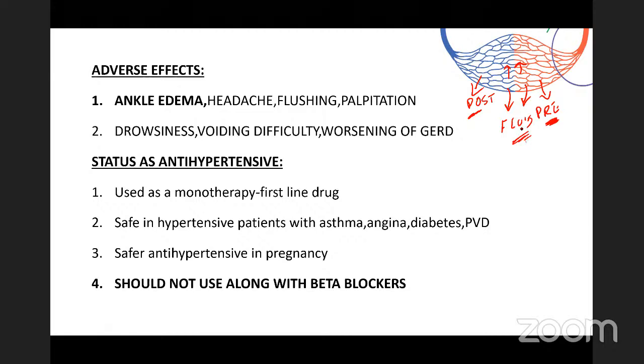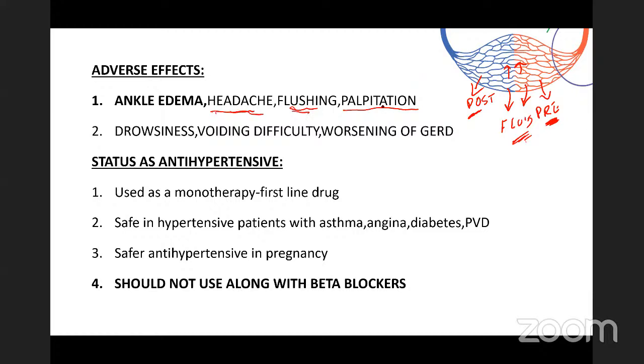Okay. So, whichever drug causes dilatation of the vascular smooth muscles by reducing the peripheral vascular resistance, ultimately produces headache, flushing, palpitation. These are very common adverse effects seen with any drugs which cause vasodilation of the blood vessels.